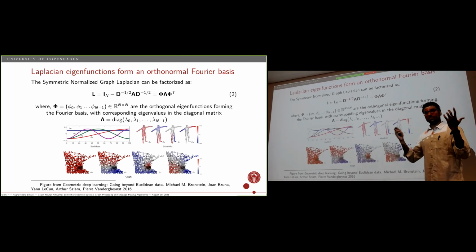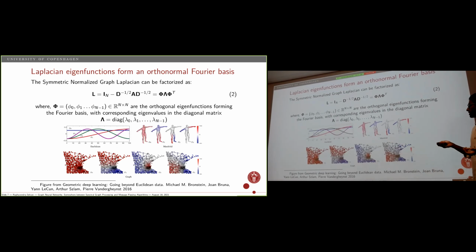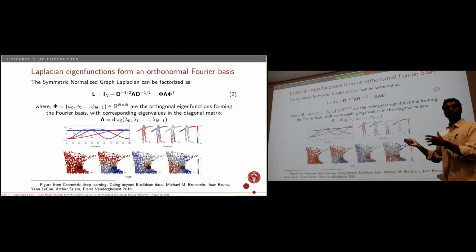So what does this mean for a classical Euclidean signal? You have the low frequency components, which is your DC component, as we would call it, and then as you progressively move, you get the higher frequency components. And the Laplace-Beltrami operator, which we saw on day one, you can also do a similar decomposition there. So you have the constant data, and then you do the same with graph structured data now.